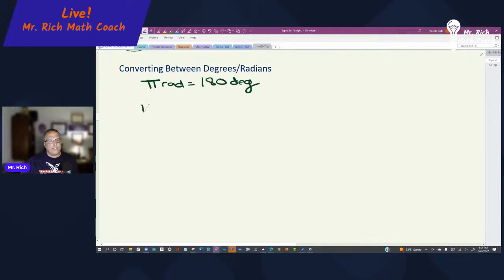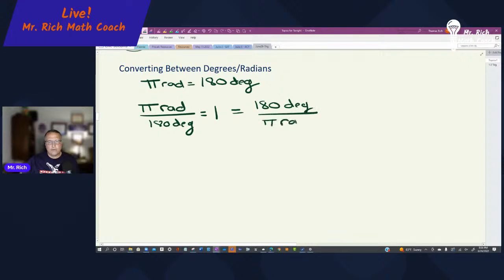So if I set up a ratio of pi radians over 180 degrees, since those are equivalent measurements, the ratio is equal to unity, the number 1, which means I can multiply any measurement by that ratio and not change it or make it bigger or smaller, but just convert the units. Likewise, 180 degrees over pi radians is also unity.